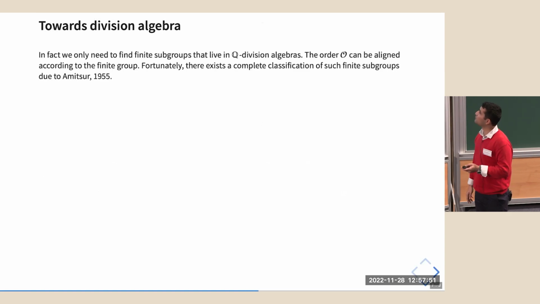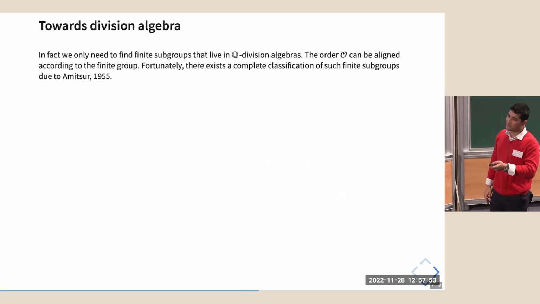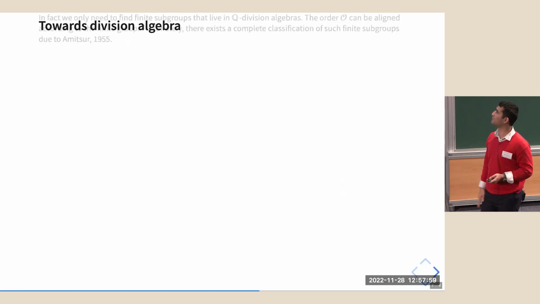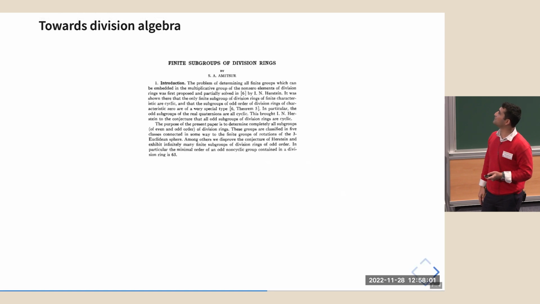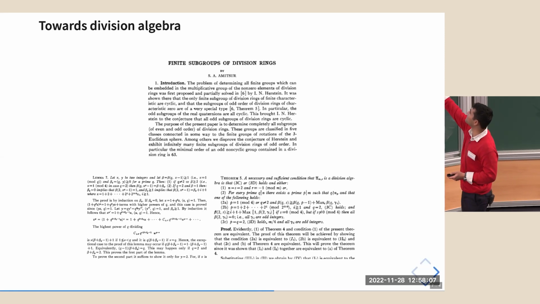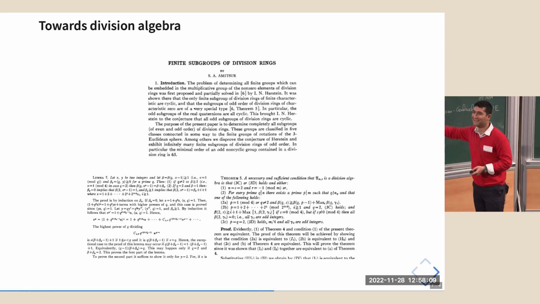Now, finite subgroups inside division rings apparently were completely solved by Amitsur in 1955. And the papers that you have to read are very terse. You have to go through theorems that look like these.